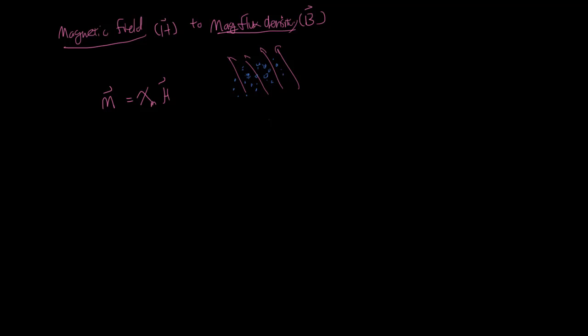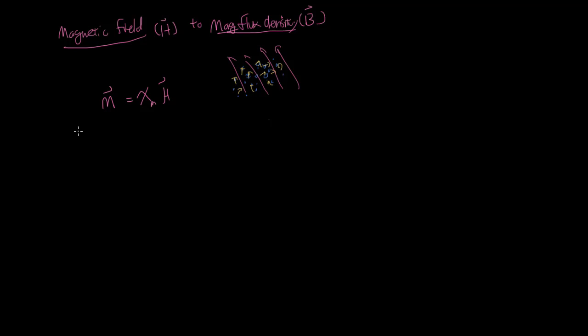As a result, there will also be all these different little moments that show up. So this is the very rudimentary cartoon model. There would be a relationship between the magnetic moments that appear in the presence of a magnetic field, which we will describe with the letter chi M.